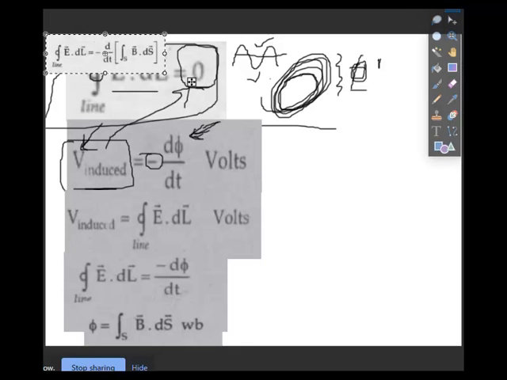If you put this expression for phi in the above equation, on the left hand side we have E dot dl, and on the right hand side we have d by dt of phi, where we have substituted phi with the integration of B dot ds.